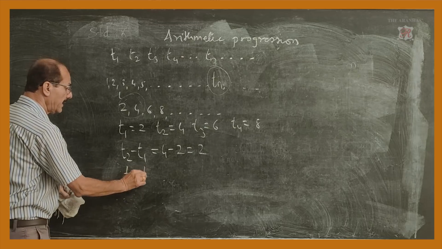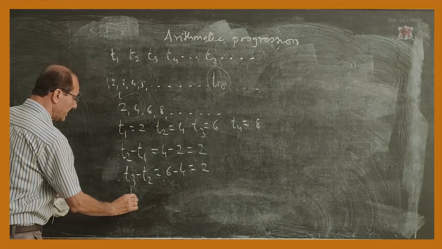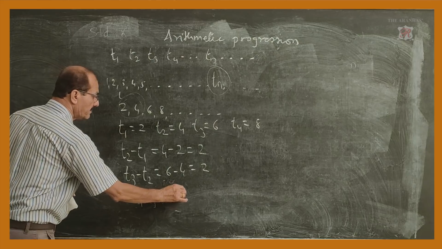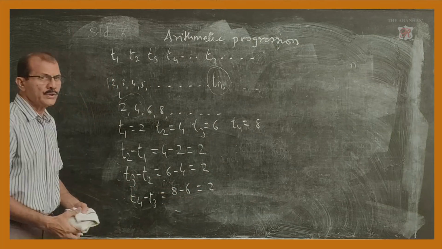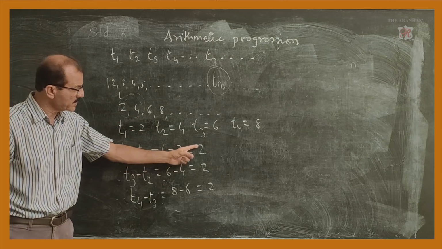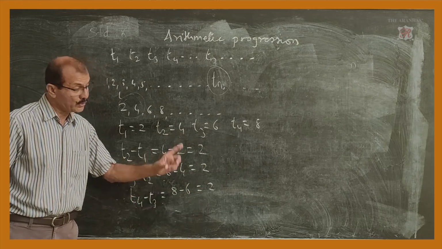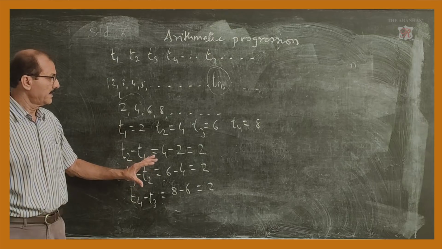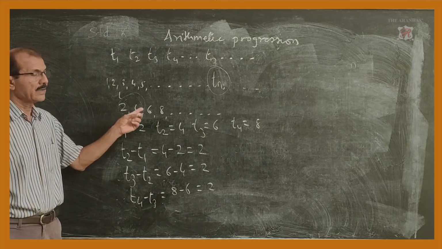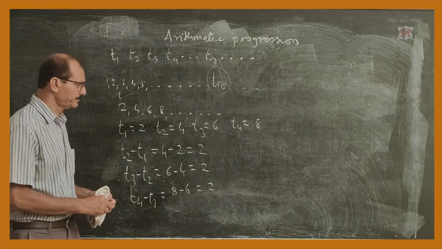T3 minus T2, which is 6 minus 4, which is 2. T4 minus T3, which is 8 minus 6, which is 2. So you find that the difference in any two consecutive terms remains constant: 2, 2, 2. So that is constant. And if you get such a thing in a sequence, then you say that the given sequence is an arithmetic progression.